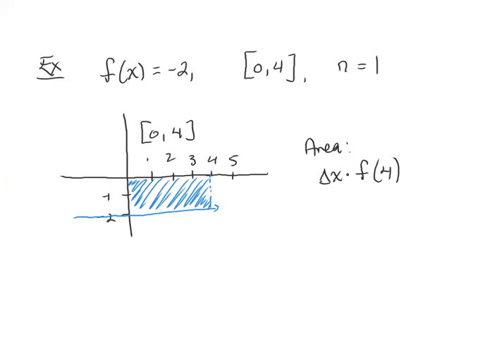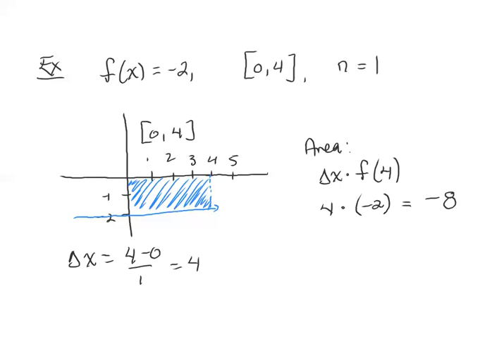Delta x times f of 4. My delta x is equal to 4 minus 0 over n, which is 1, which is equal to 4. So the area is 4 times f of 4. Well, f of any value is negative 2, since f is constant. So it's negative 2, which gives me a negative 8.